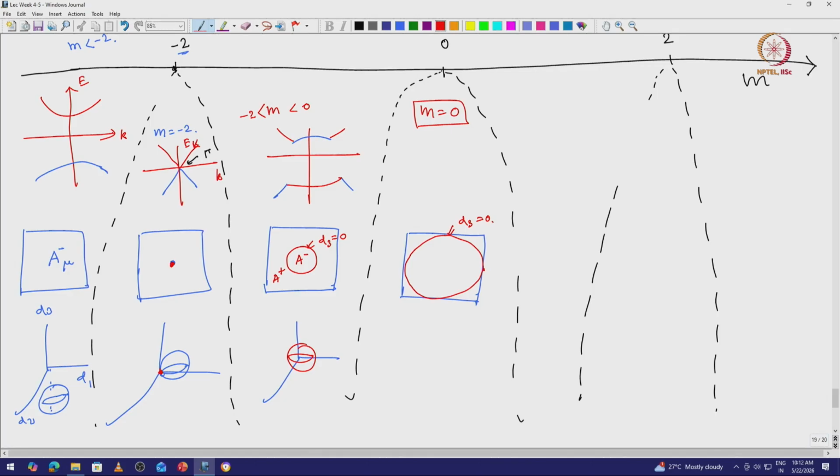And obviously d1, d2 also go to 0 here. So that means you will again have a Dirac cone, and the Dirac cone will be somewhere here.